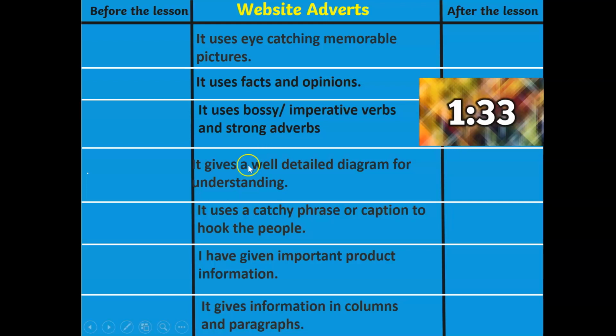It also gives a well detailed diagram for understanding. It uses a catchy phrase or caption to hook the people, attract the people. And it has given some important product information. It gives information in columns and paragraphs. So the timer is on. Now read each and every statement carefully and mark them as true or false.